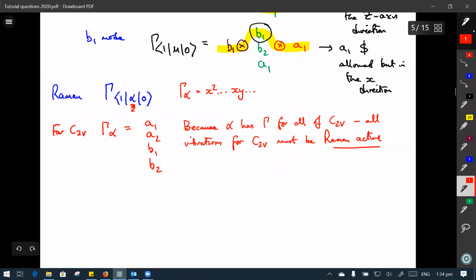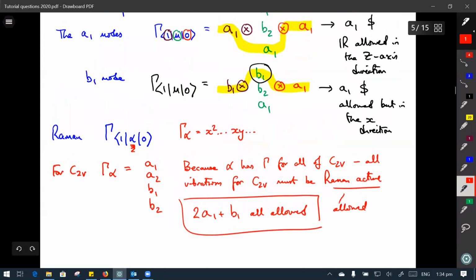By Raman active, I mean that they're allowed transitions. So A1, 2A1, and B1 are all allowed. Or you can go through the process that we did here.